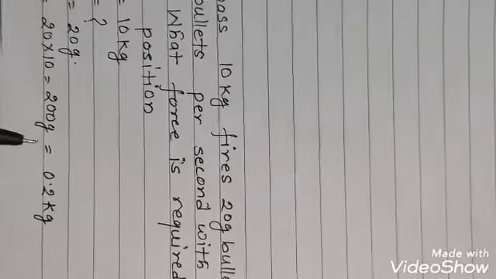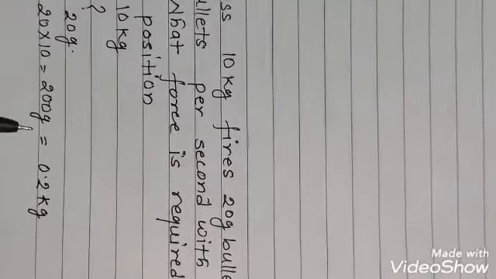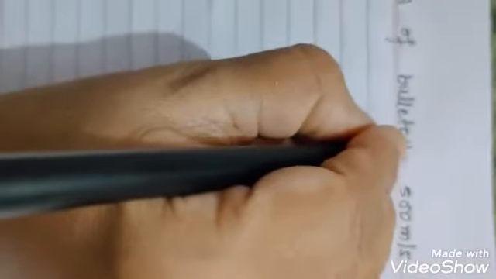Now the speed of the bullets is given here, that is 500 meter per second. Let it be v2.